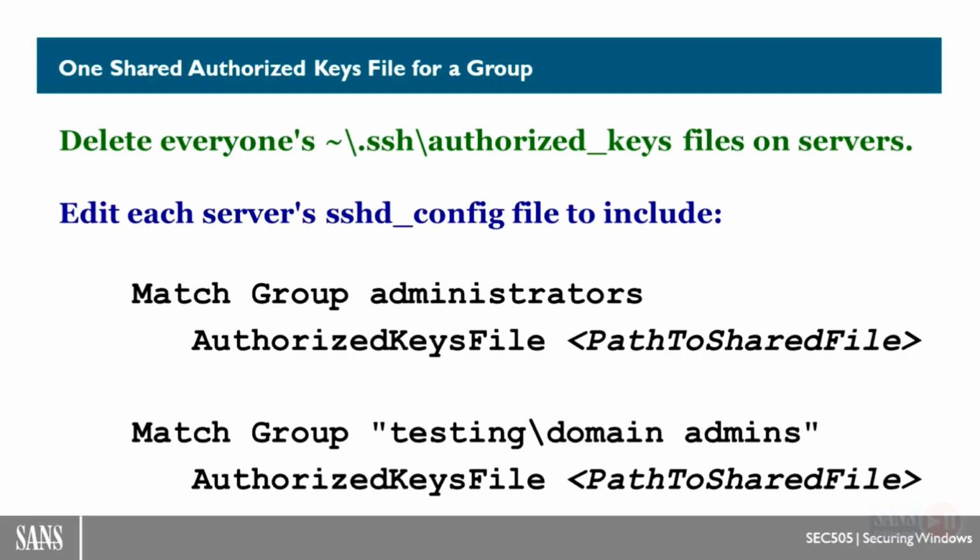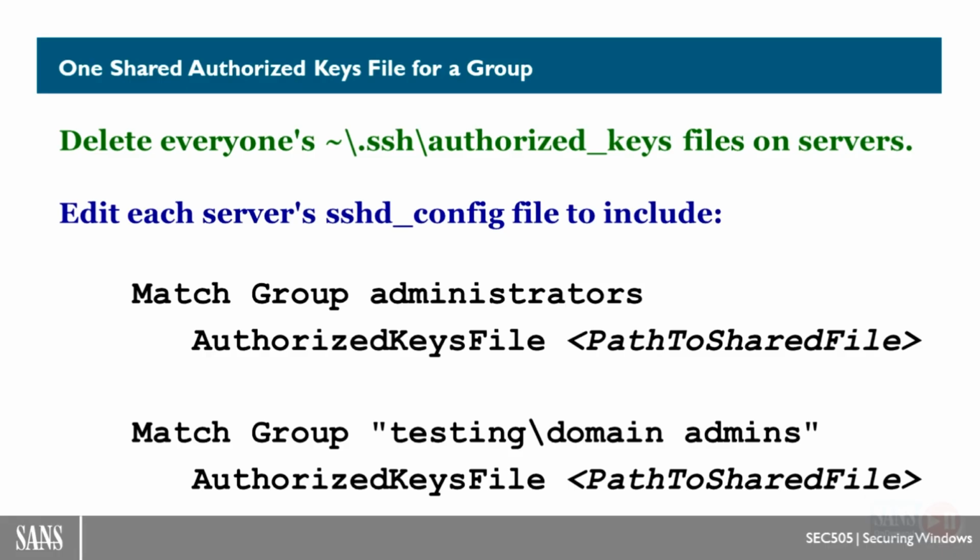But whichever group you are a member of, well then the authorized keys file must contain your public key. You could have two separate authorized keys files or one authorized keys file, and then both of the groups reference that one file. So on the slide here, it's referring to the local administrators group and also the domain admins group in Active Directory, but both of them could use one shared authorized keys file.